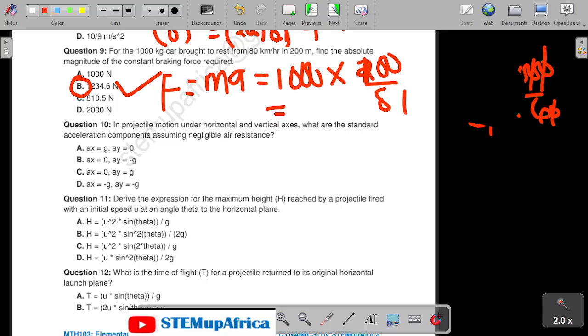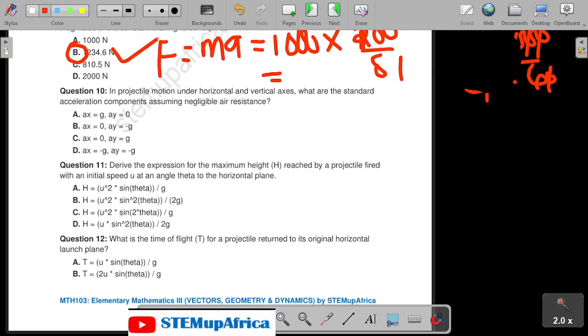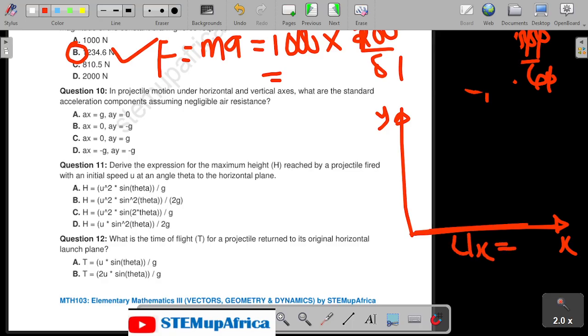If you throw an object in the horizontal direction, we have two axes, x and y. The horizontal has nothing to do with gravity, but the vertical has something to do with gravity. So your ax is 0, your ay is a negative value.